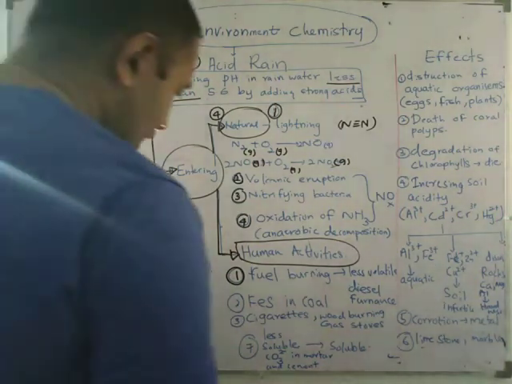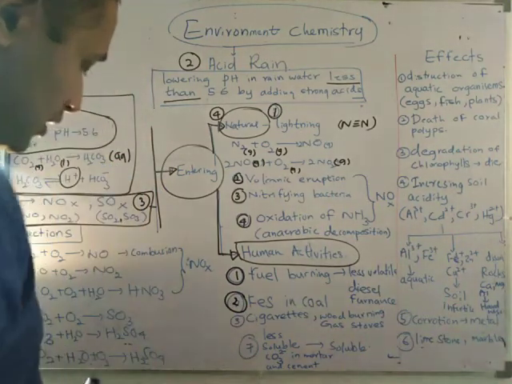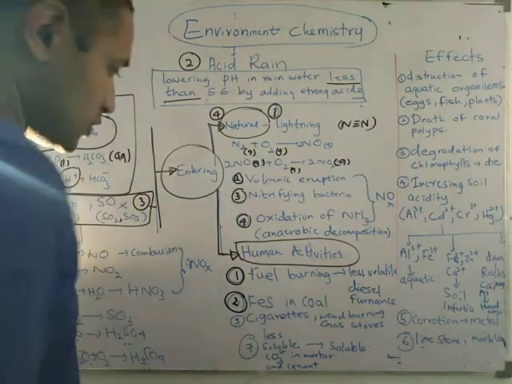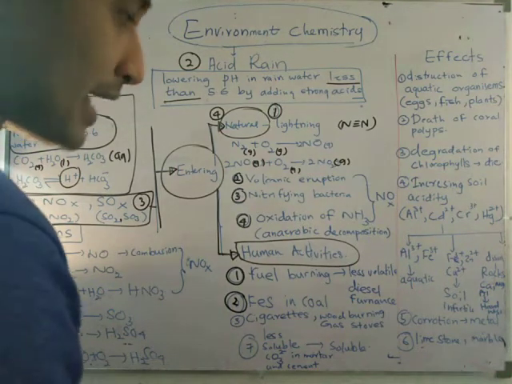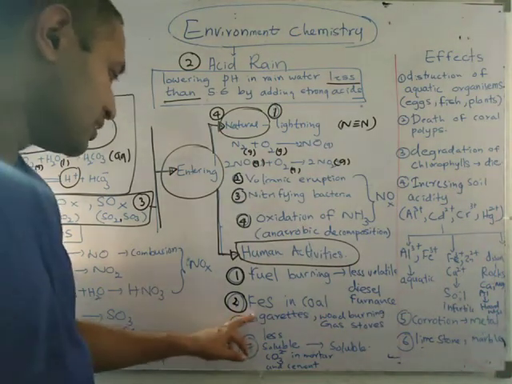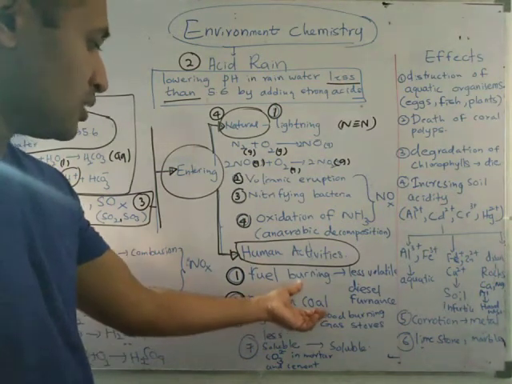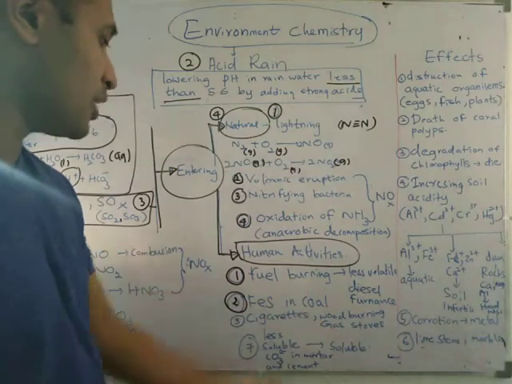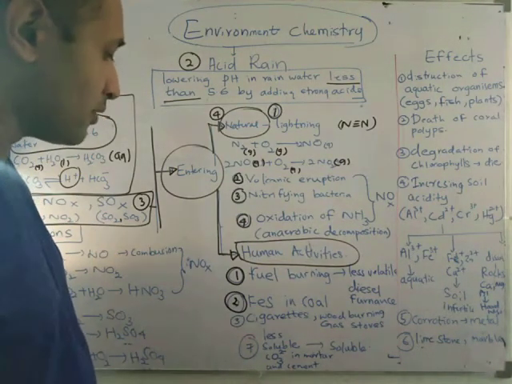Second method is coal burning. If you take coal power stations, they are using coal, which contains FeS, iron sulfide. In Sri Lanka also, in Norochcholai, we are using coal to generate power.